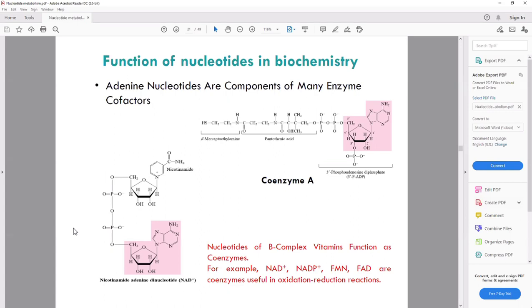We don't want excessive production of uric acid, and we don't want any problem in producing DNA. So we need this regulation.